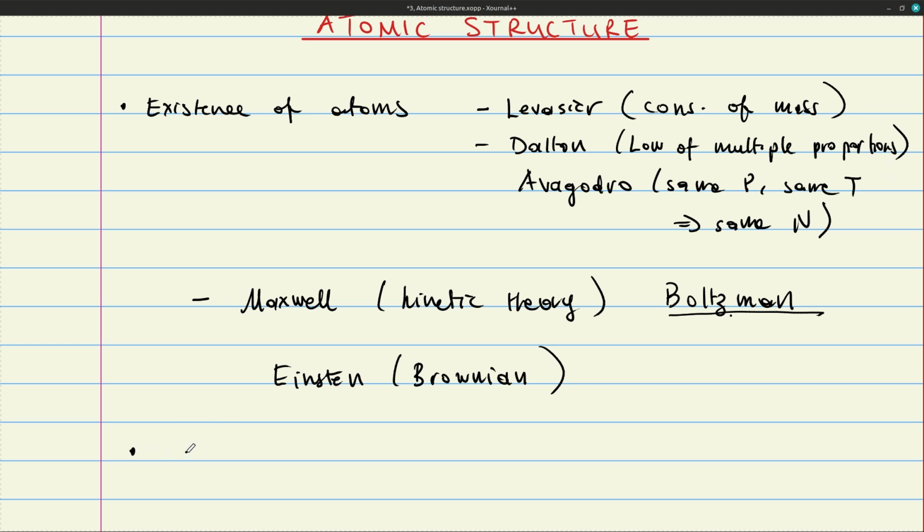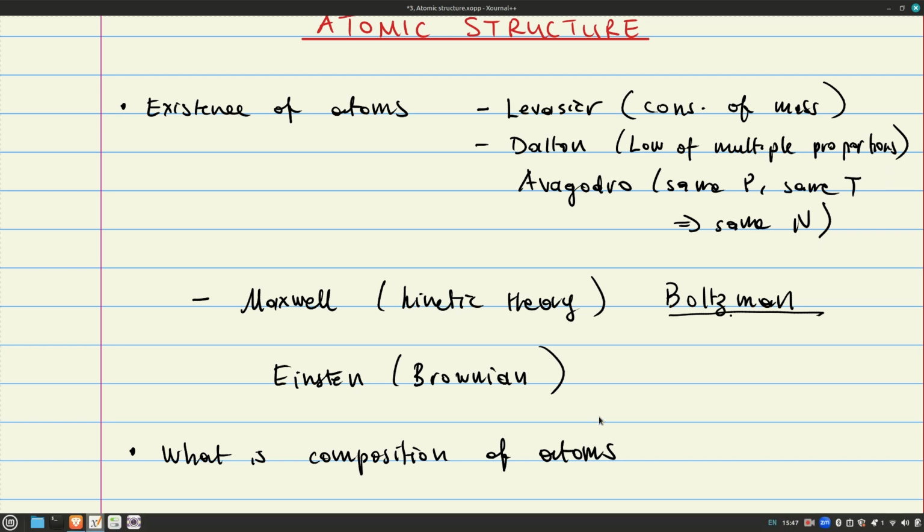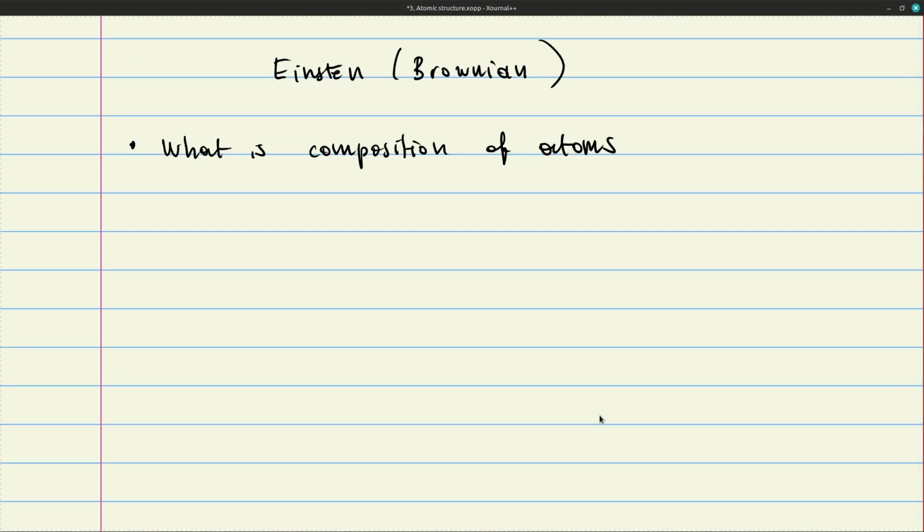And the question then is, what is the composition of atoms? And I have to remind you, the word atom itself means the minimum indivisible unit. And now we are thinking about the structure of minimum indivisible units.